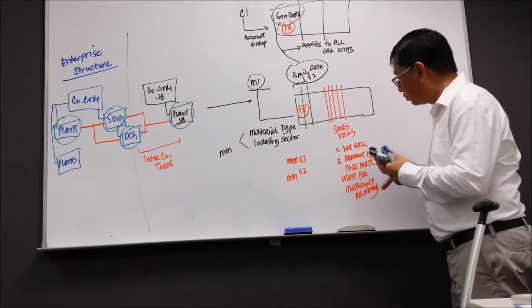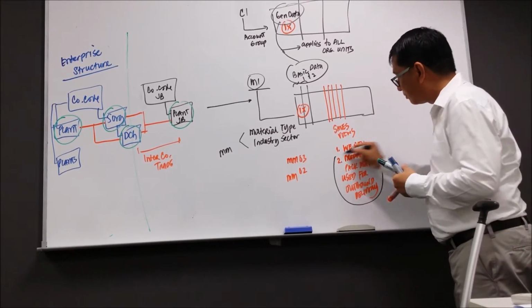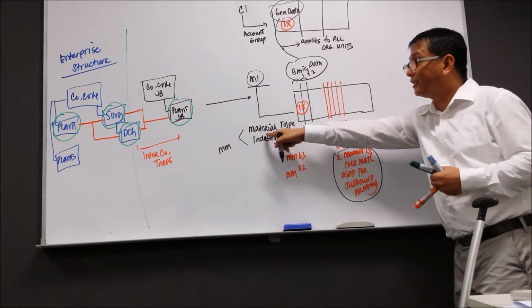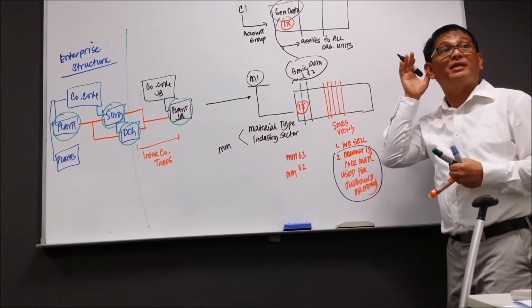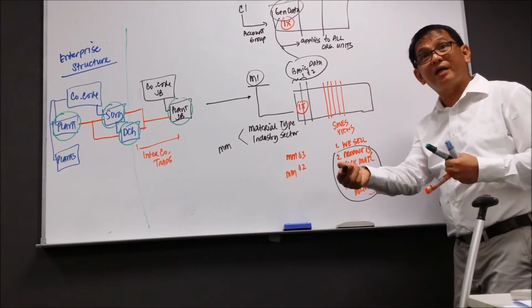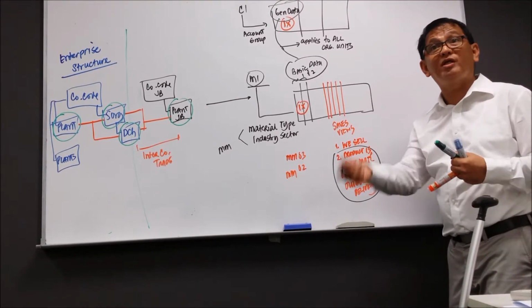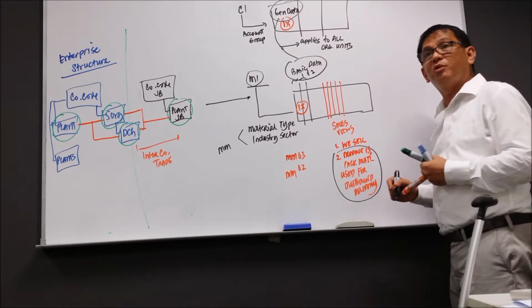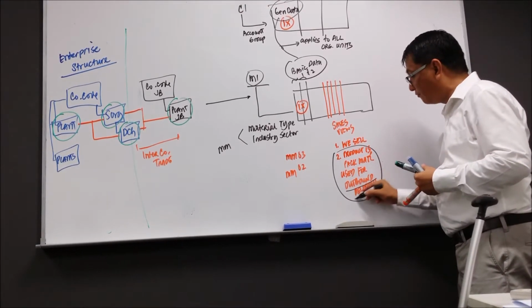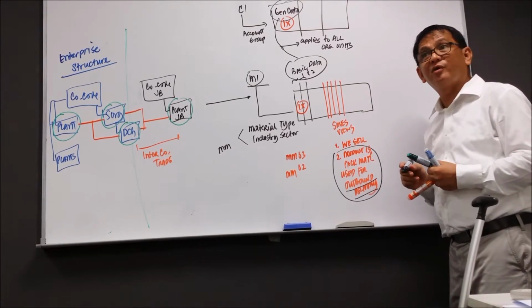So this number 2 is a bit of a condition. We need sales view if the material type is a packaging material. Maybe we sell the packaging material, we charge, maybe we don't, maybe it's a returnable packaging. But if we use it for outbound delivery, we need a sales view for that.